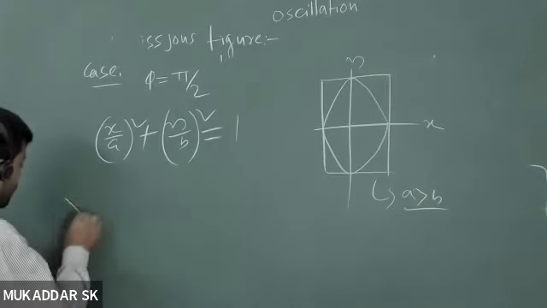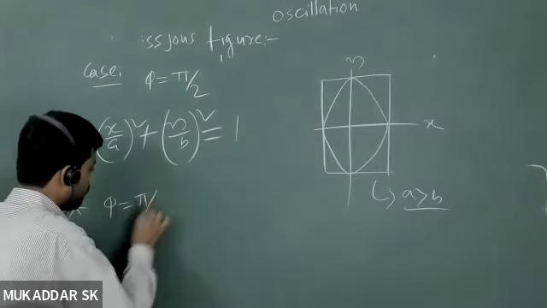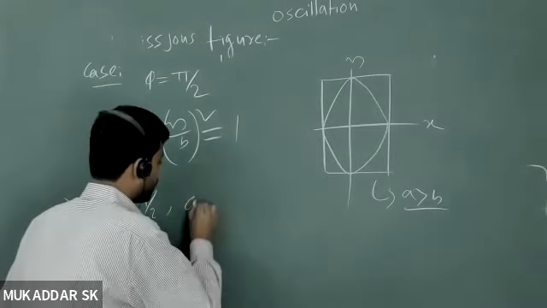It becomes a circle when phi equals pi by 2 and a equals b.